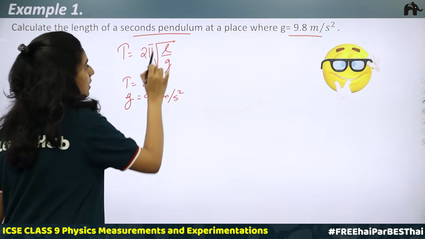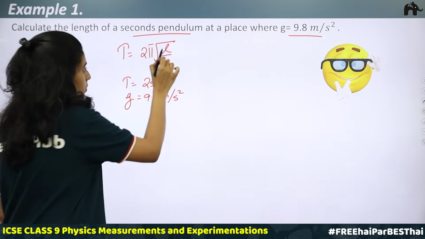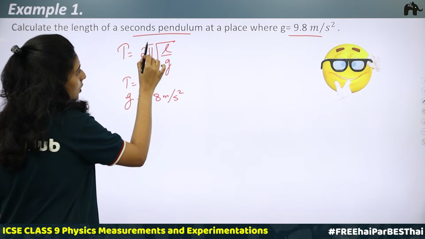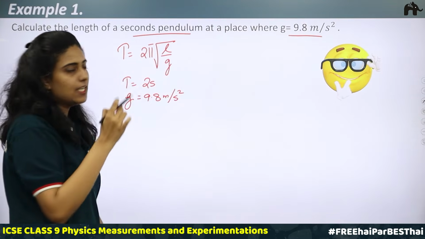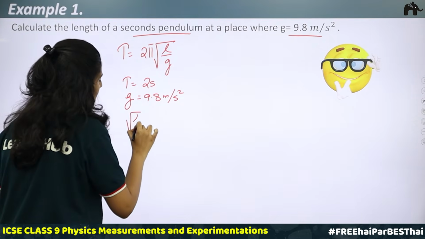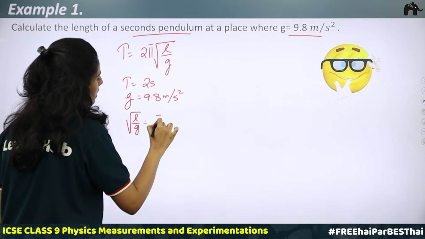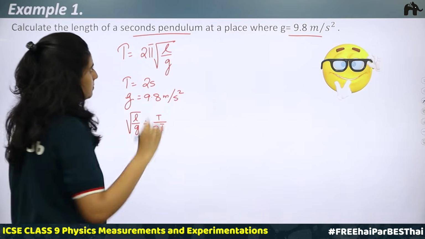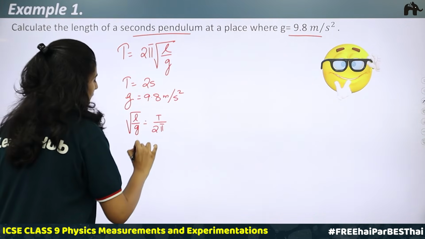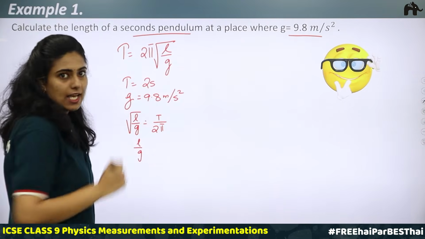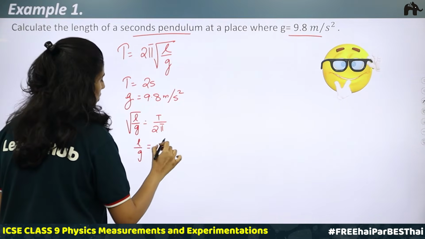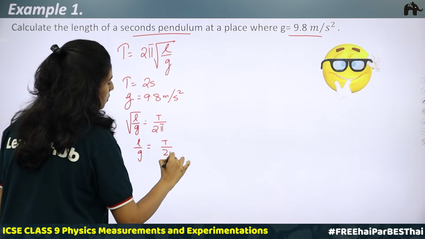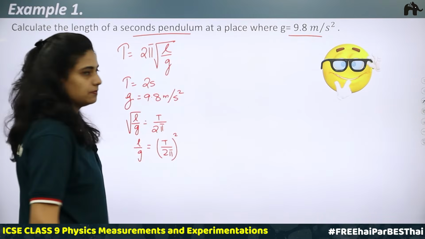Okay, from this how can we find L? From this equation, that is T is equal to 2 pi root of L by G, we will be having root L by G is equal to T divided by 2 pi. Now if you are squaring on both sides, then L by G will be equal to T by 2 pi whole square.